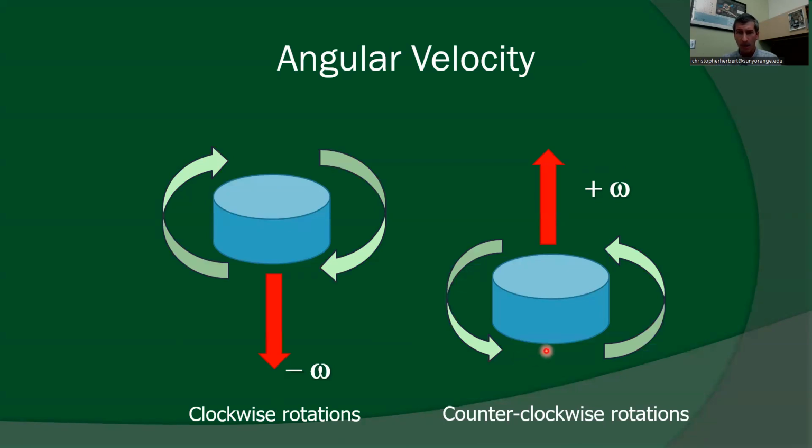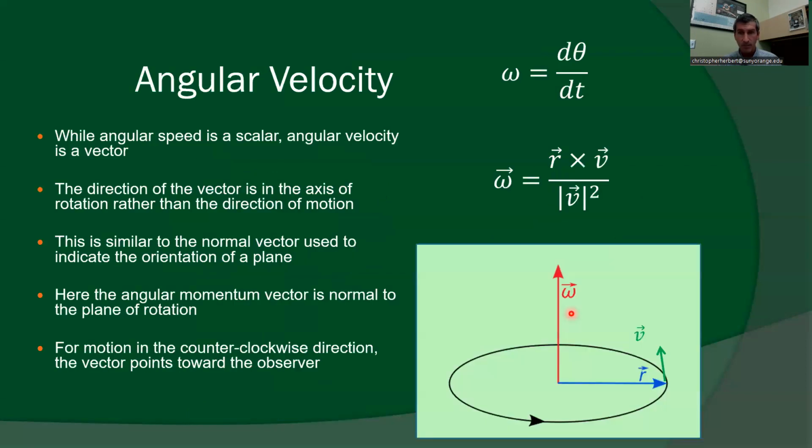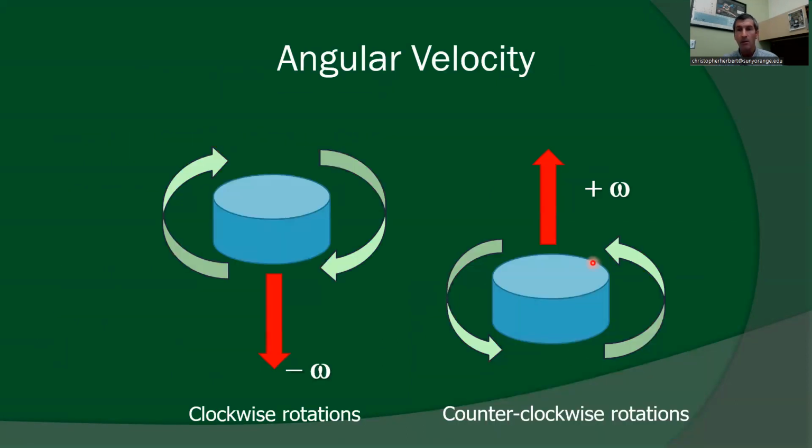So once again, for angular velocity, just like with theta, if we have a counterclockwise rotation, we say that our angular velocity is positive. If we have a clockwise rotation, we say the angular velocity is negative. If we're using Cartesian coordinates in 3 dimensions, again, we're looking down on the sheet of paper in the XY plane, we would say that the angular velocity comes out of the sheet of paper for counterclockwise rotation.